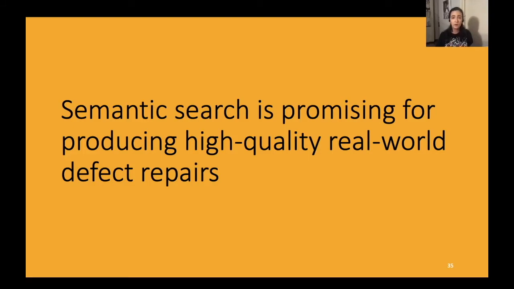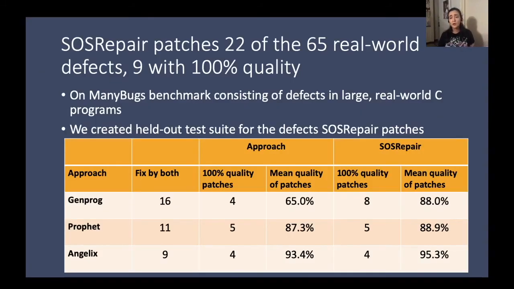But overall, in this paper we show that semantic search is a promising approach for producing high-quality real-world defect repairs. I already showed you this slide and talked to you about how SOSRepair performs on the Manybugs benchmark and how we compared it to other approaches.